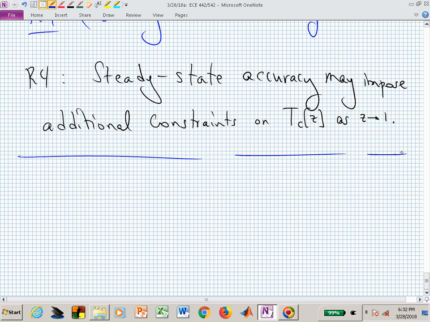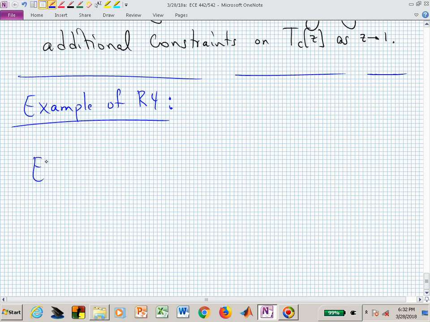Let's just see if we can get a feel for that by an example. In the block diagram that we have assumed, and what we've assumed is H of z, the feedback path, is unity, H of z is 1, what's E of z?